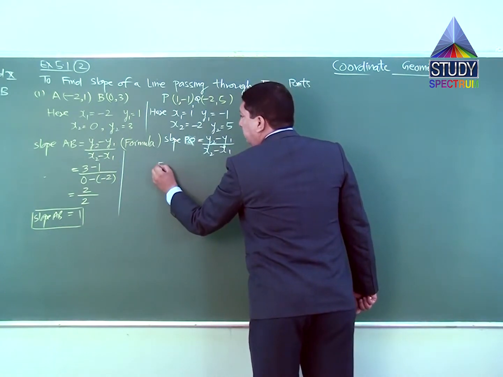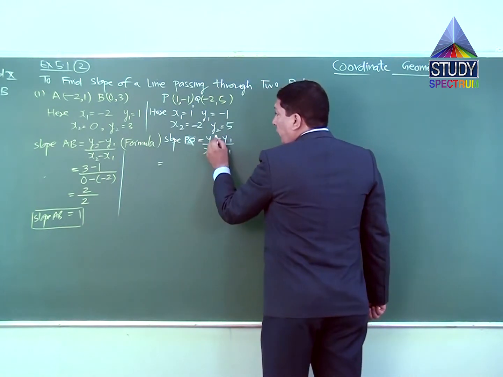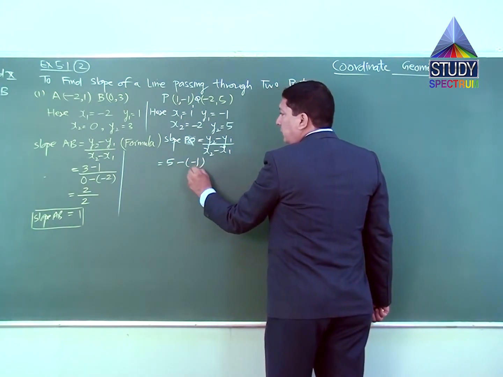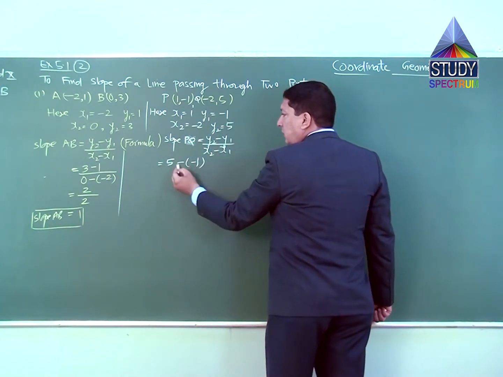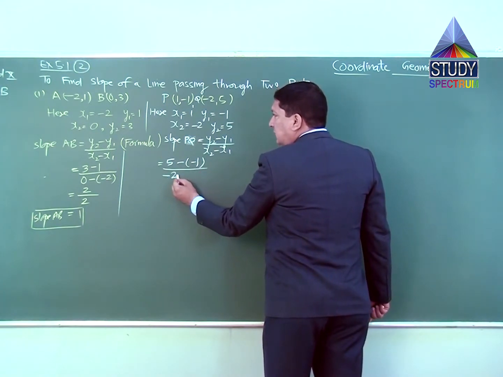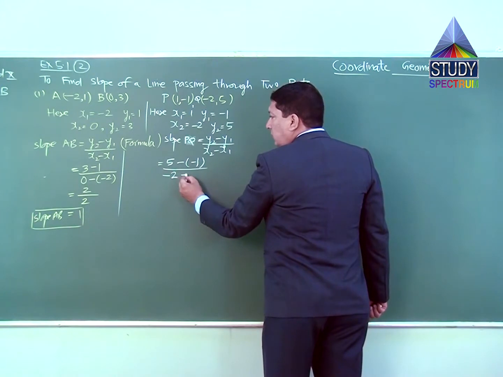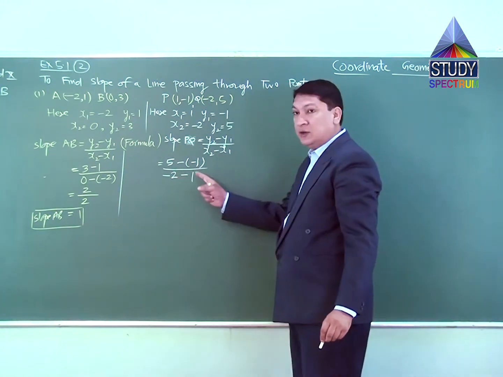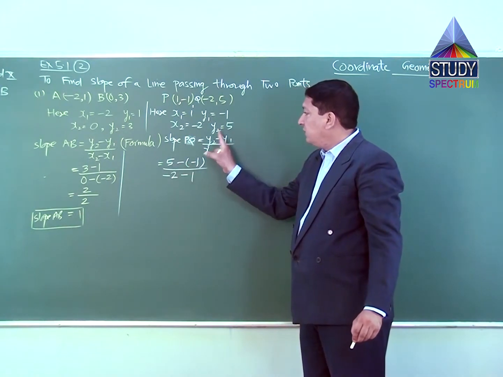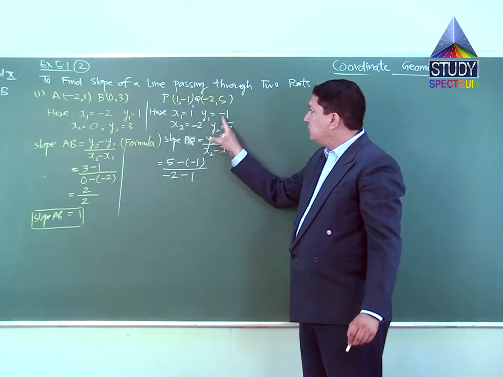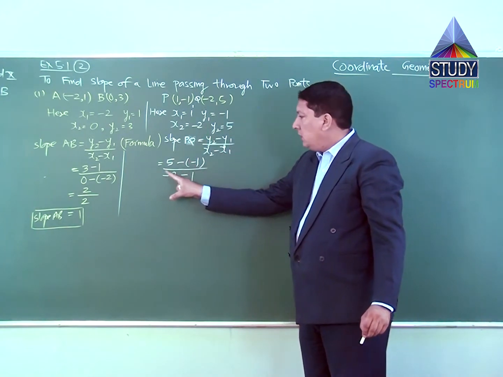Therefore, we can write slope PQ. Now y2 is 5 minus of minus 1 because y1 is minus 1, x2 is minus 2, x1 is 1, so minus 2 minus 1. Again, have a look how we got these values.